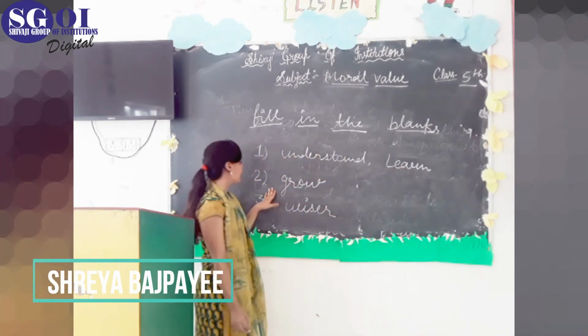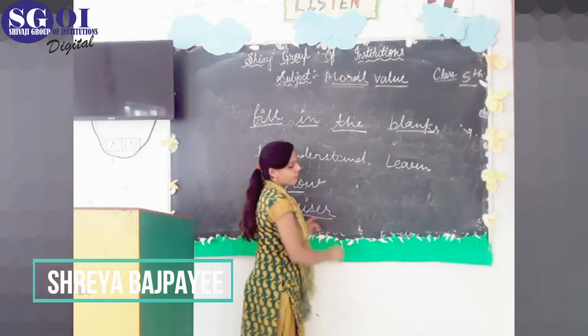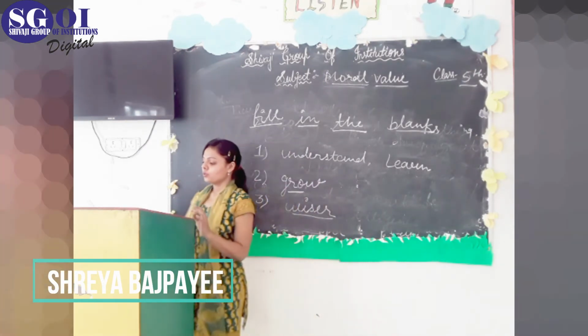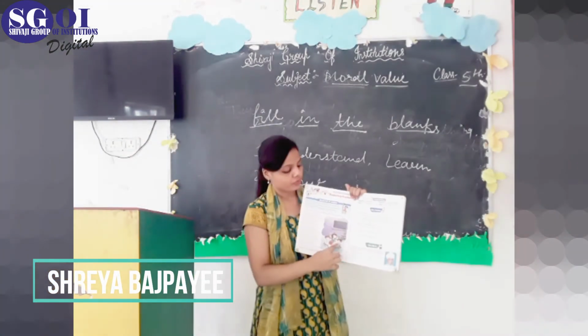The second answer is grow. And the third answer is place.